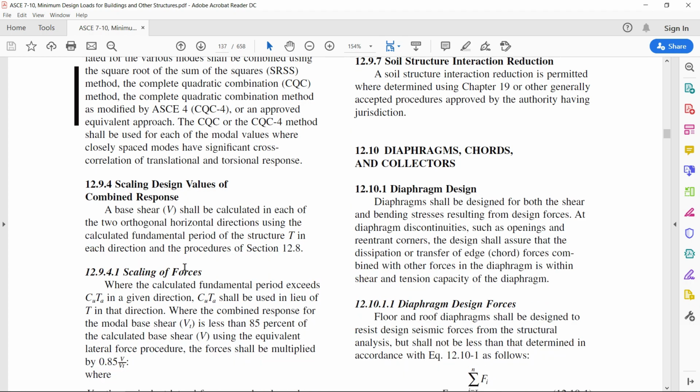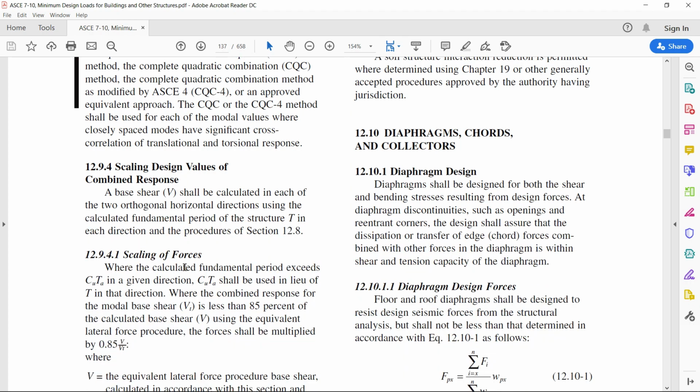But then we have one more very interesting result. The base shear shall be calculated in each of the two orthogonal horizontal directions using the calculated fundamental period of the structure T in each direction and the procedure given above.